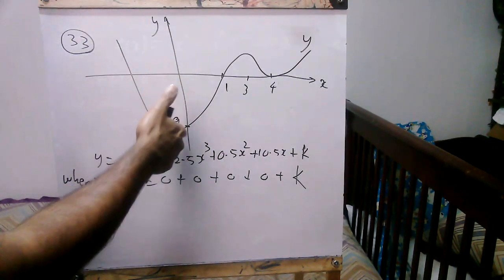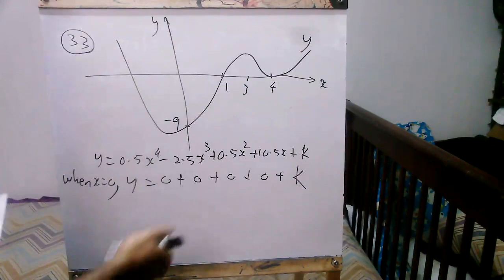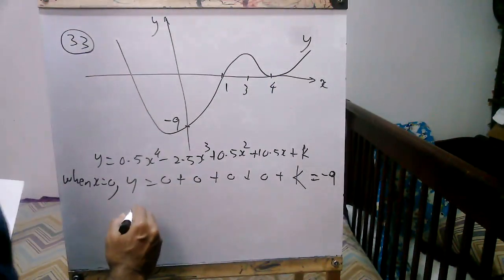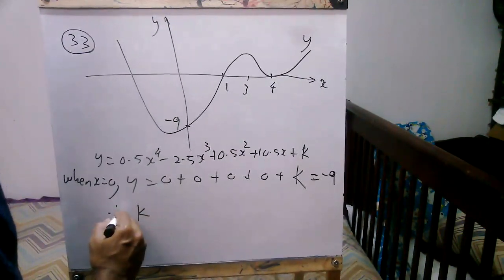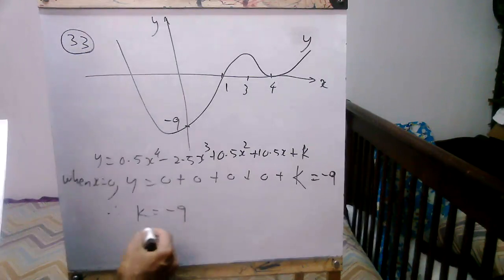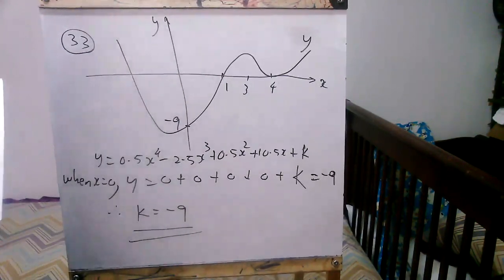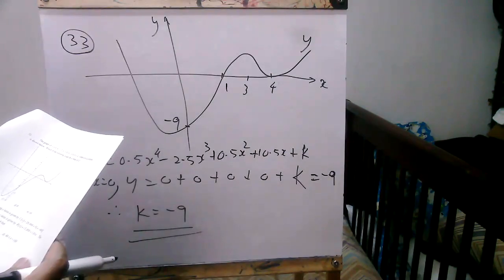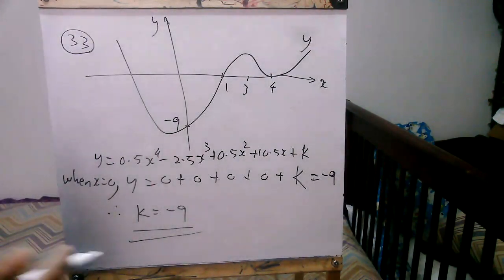So the y-intercept is negative 9. That means k equal to negative 9. That's the answer. Answer choice is C.